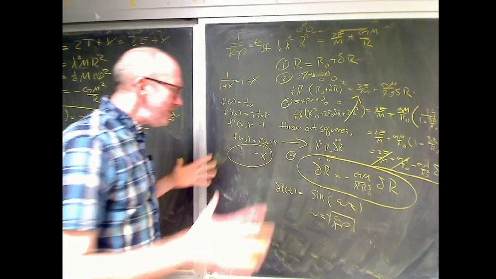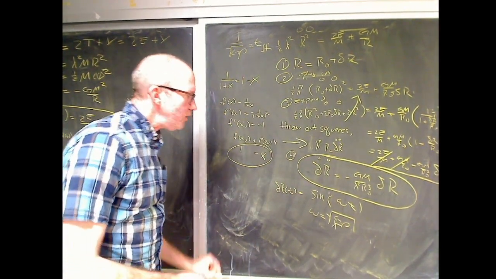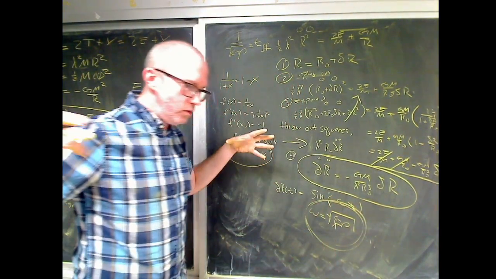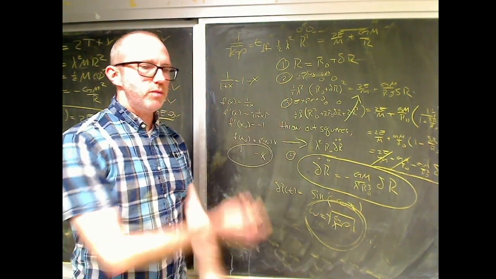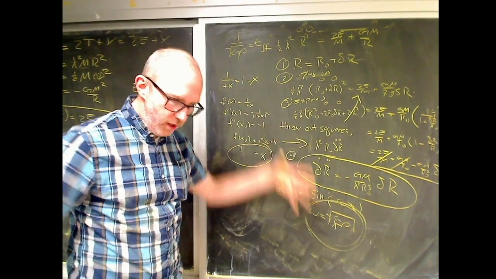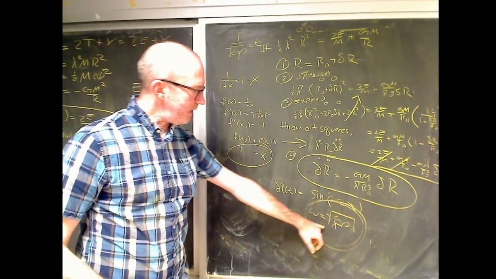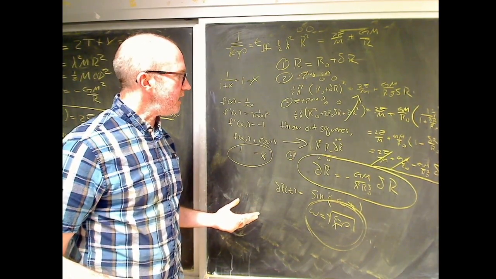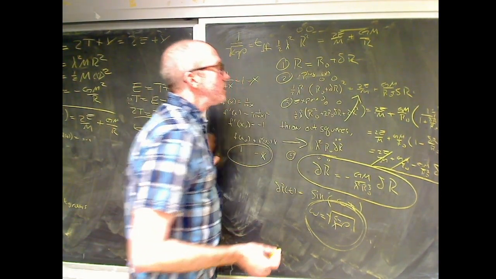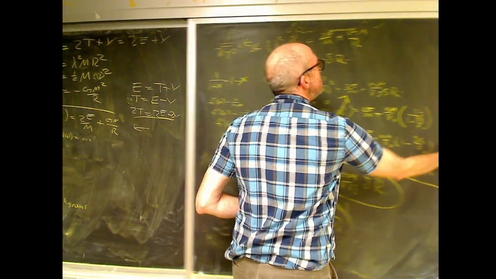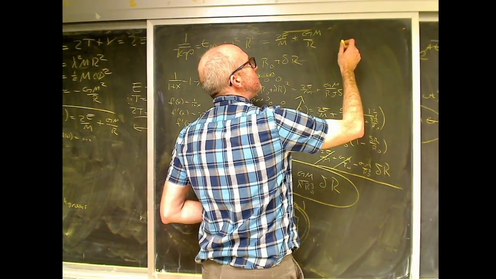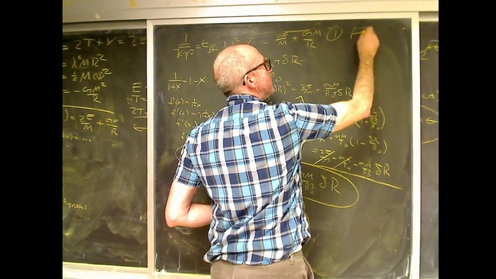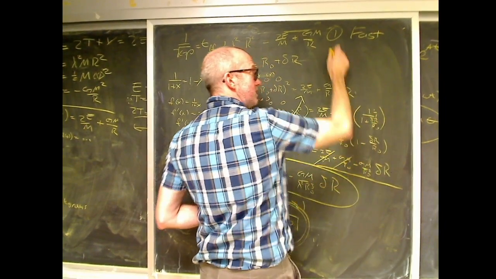What we're left with out of this is the frequency, or the period, for all the stars to interact with all the other stars in one big swoop. The period for that is 1 over free fall time. So this is the basics of violent relaxation. In violent relaxation, it's fast.